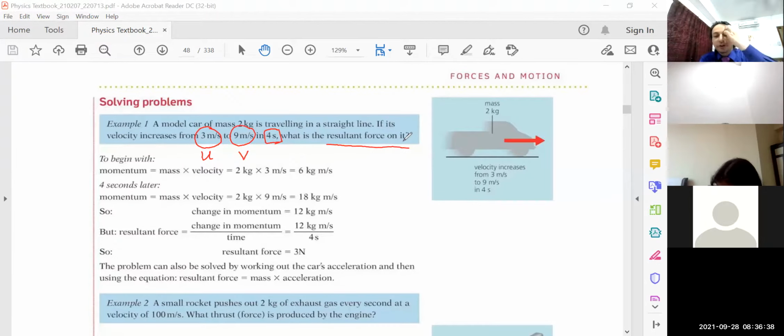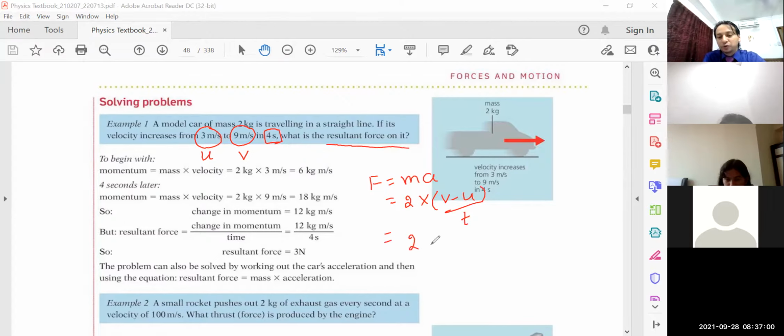Now there are different ways to do this question, children. First, we will use our old concept, that F equals m into acceleration. The mass given in the question is 2 kilograms. What is the acceleration? You know, v minus u by t, that is the equation of acceleration.